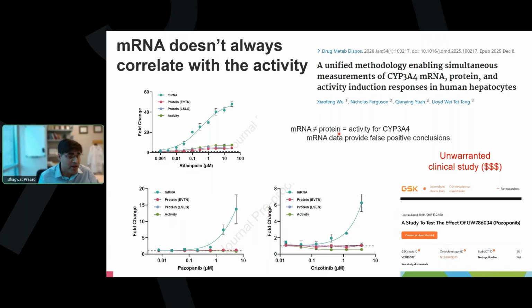And this happens a lot when you're dealing with very dynamic systems like these new approach methodologies, where the mRNA expression can be changing at a very different speed as compared to protein expression, right? So as you know, the mRNA half-life could be in hours, but the protein can have a half-life of days to weeks. And that can cause very different mRNA to protein expression differences in these models over time.